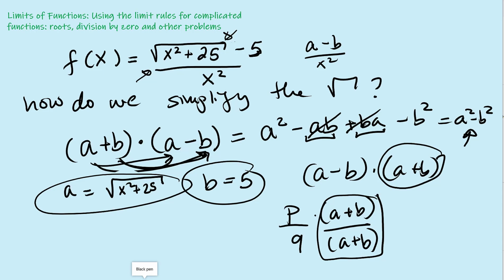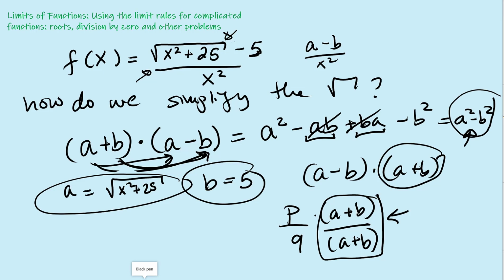So there's a couple of tricks here. One trick is we're going to multiply and divide this fraction by the same element, a plus b. How do we choose a plus b? Well, that's part of the other trick, and that is that we want to get to this expression here.